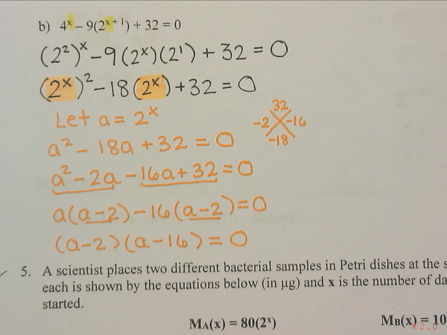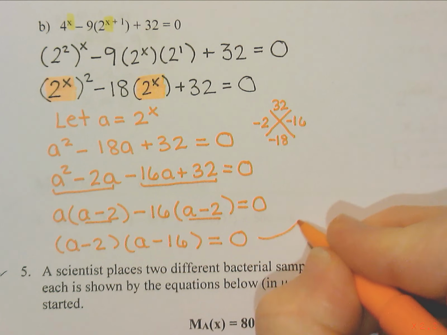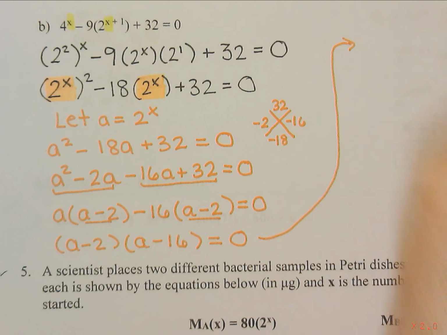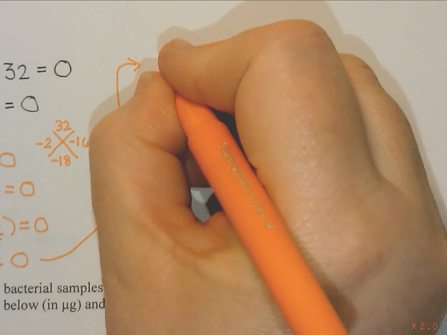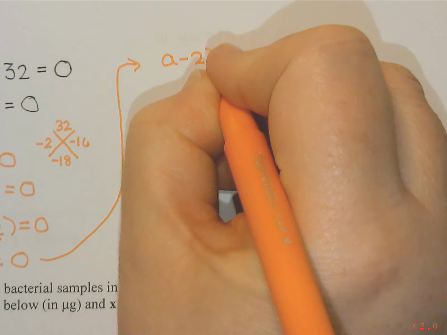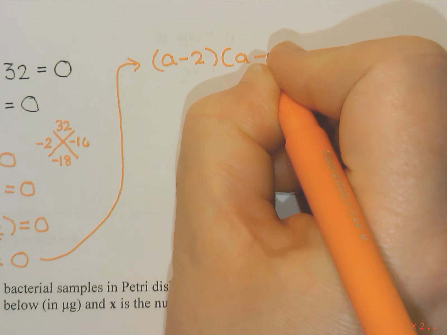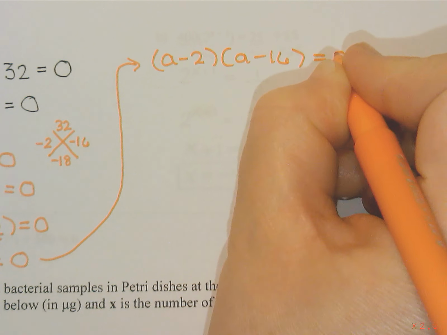Okay, I need to take that and put 2 to the x back in. Now I could solve first for a and then put the 2 to the x in, or I could put the 2 to the x in and then solve. It really doesn't matter. I actually think I might keep solving. So I have a minus 2, a minus 16 equals 0.